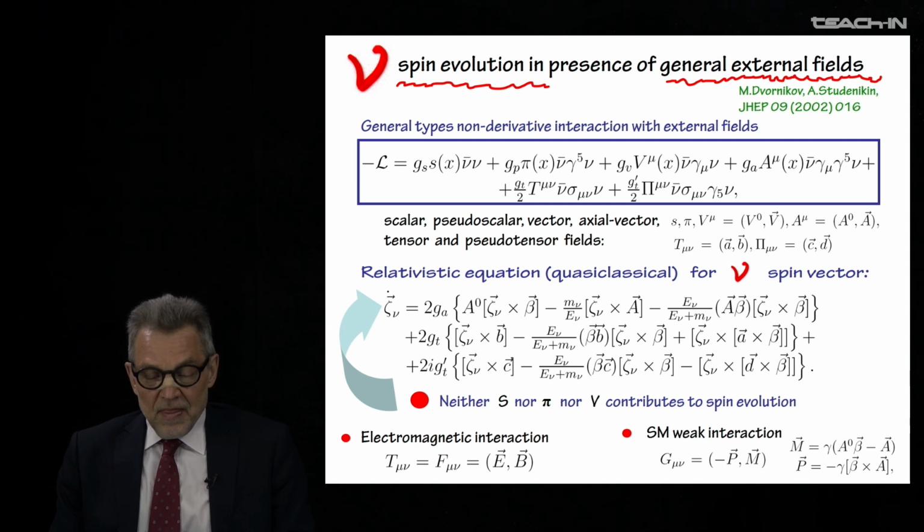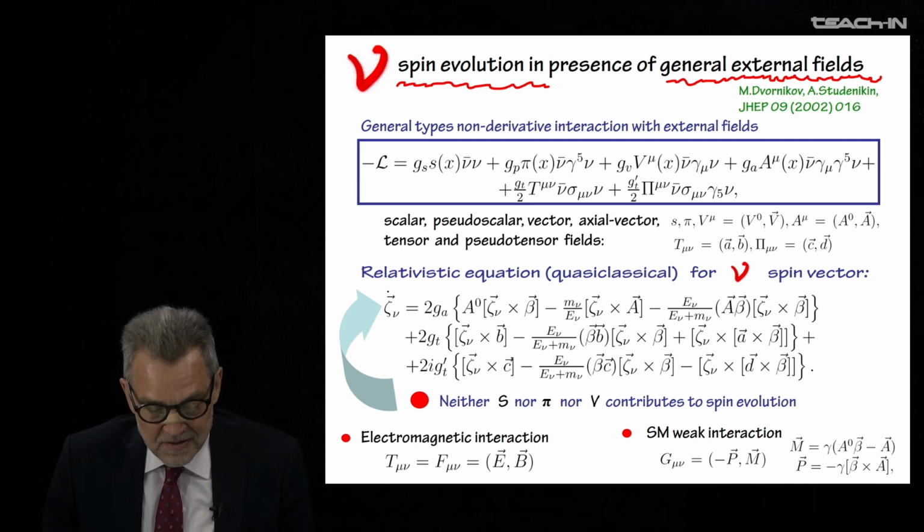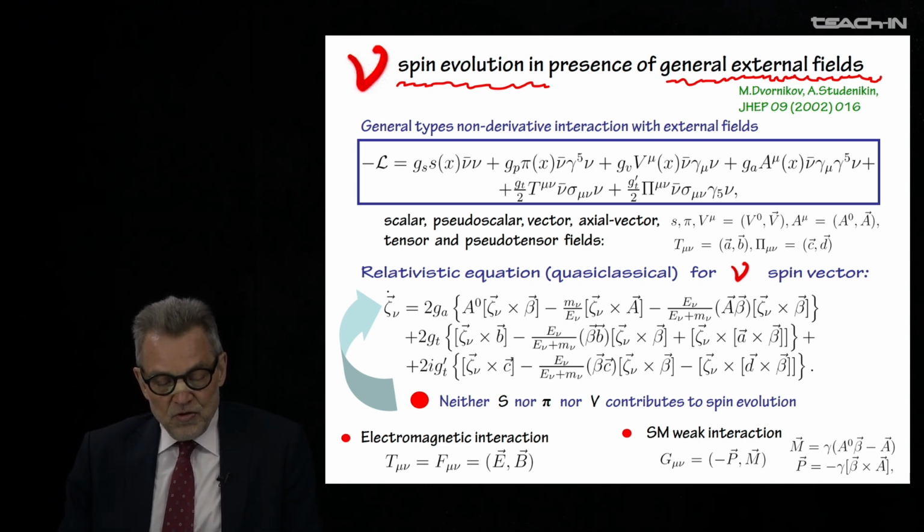Then vector interactions, gamma mu, and axial vector interactions, gamma mu gamma 5. We also account for tensor and pseudo-tensor interactions. So we try to make a general investigation of the problem of neutrino spin evolution in the presence of quite a wide type of external fields, and have found a general expression for the quasi-classical theory of neutrino spin vector evolution, accounting for these types of interaction.